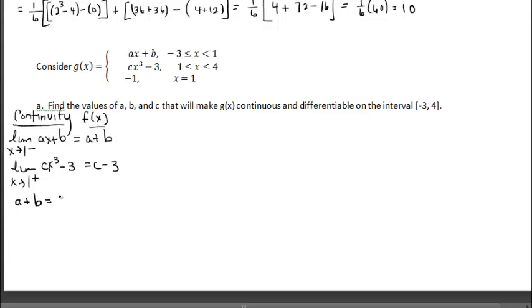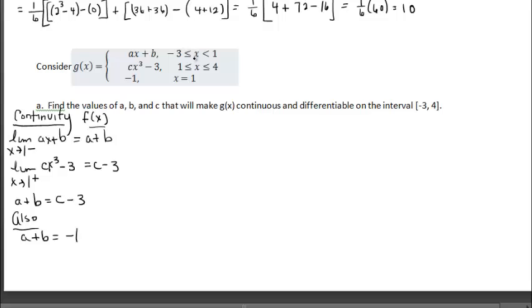Sometimes when you set them equal, things can solve, but notice how you have 3 unknowns in one equation. Well, we're not going anywhere quick with that. But also remember, take a look back at that piecewise function. Also remember that a plus b must equal -1, because that is the y value at 1.